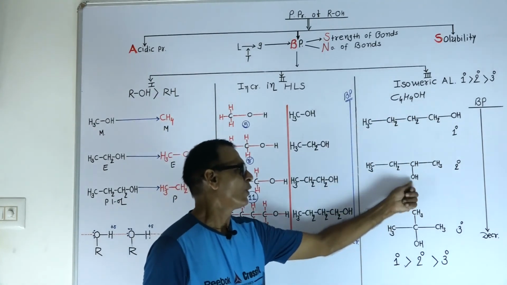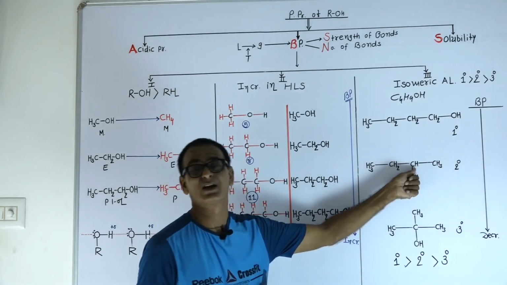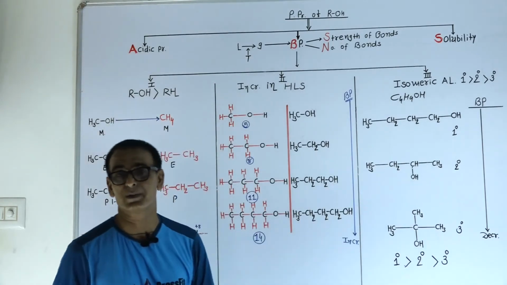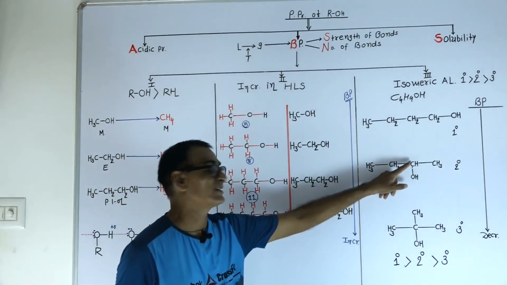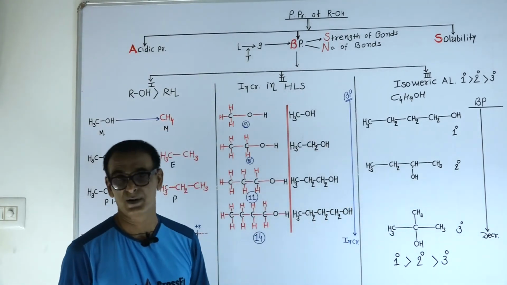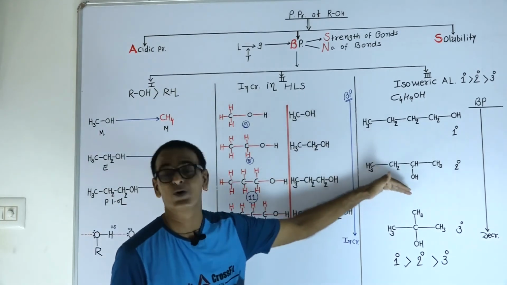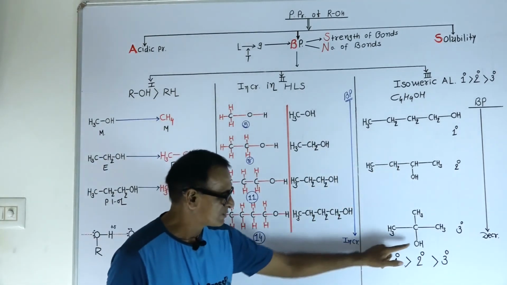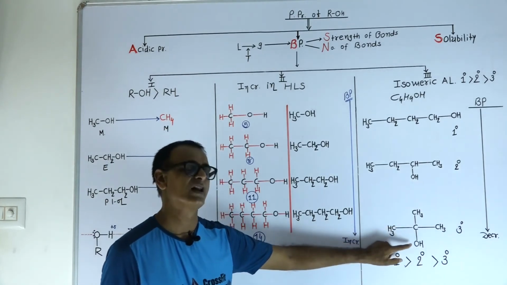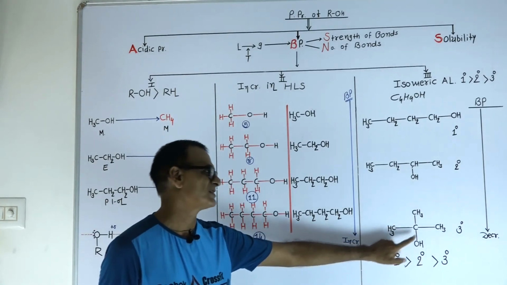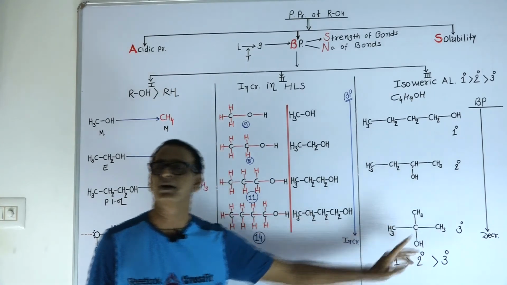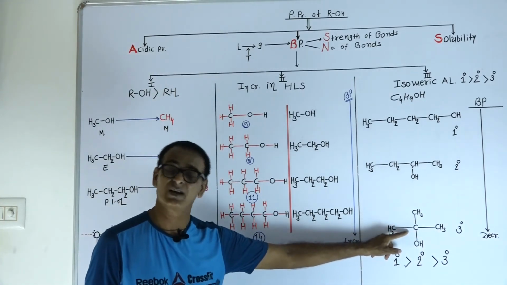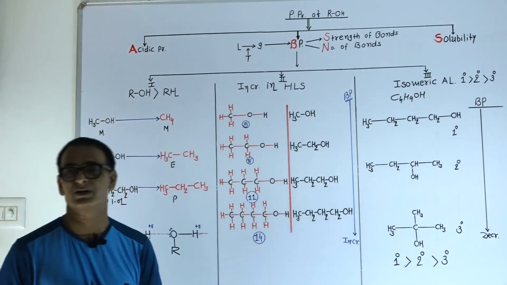In this case, the carbon attached to the OH group is surrounded by two carbon atoms, so this carbon is secondary carbon, and that's why this alcohol is known as a secondary alcohol. In this case, the carbon atom directly attached to the OH group is surrounded by three carbon atoms, so this carbon is tertiary carbon, and it is known as a tertiary alcohol.